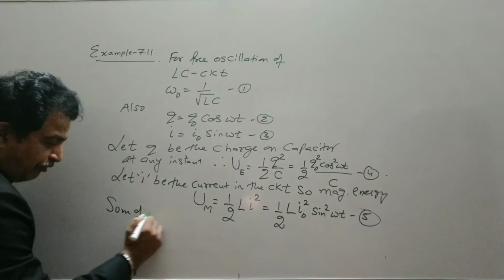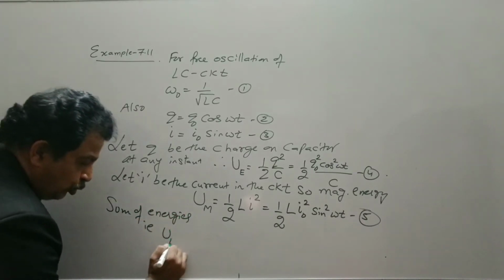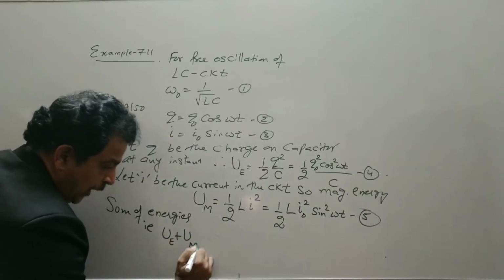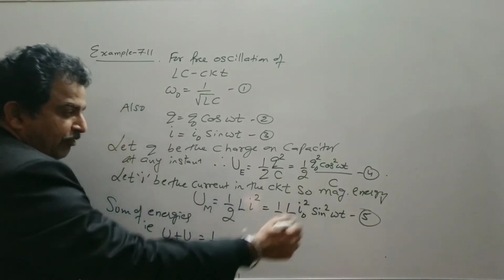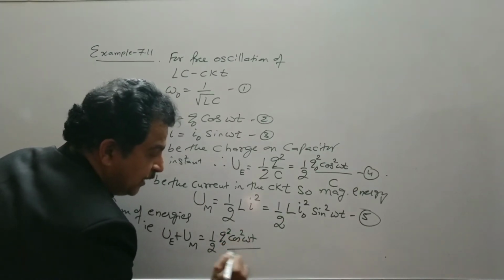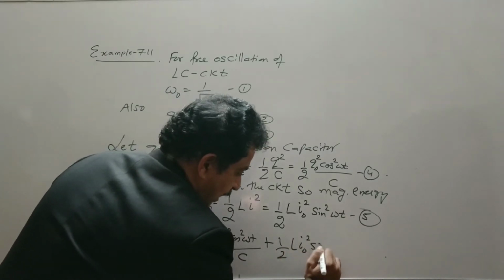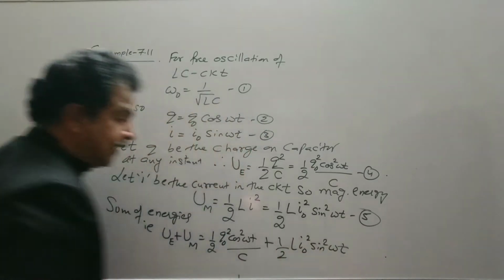So the sum of energies, U_E plus U_M, is equal to, substituting equations 4 and 5, half Q naught square cos square omega t upon C plus half L I naught square sine square omega t.